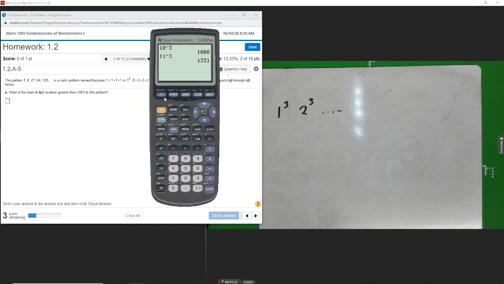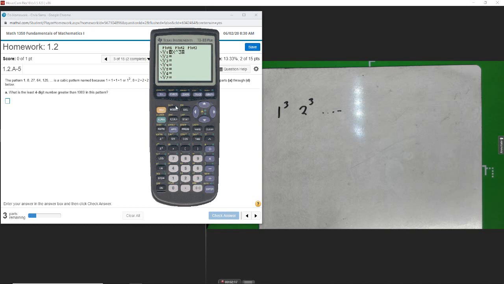As I mentioned, you could do it in a table. If you go to y equals, we're going to insert an equation that represents this. We input x, just a variable indicating that we're raising some random number to the third power. So I'm going to do x raised to the third. What this does is input different values for x: 1, 2, 3, 4, and so on.